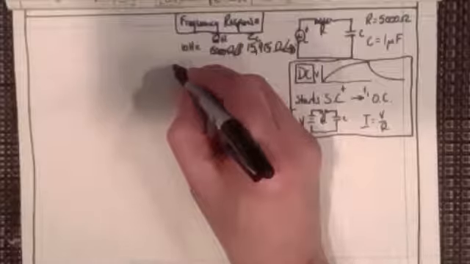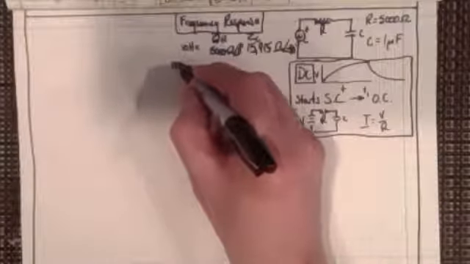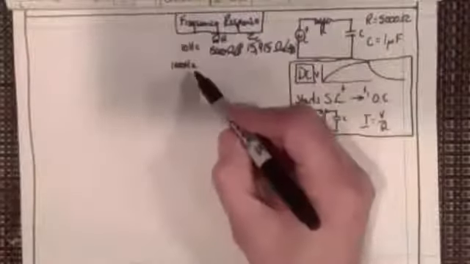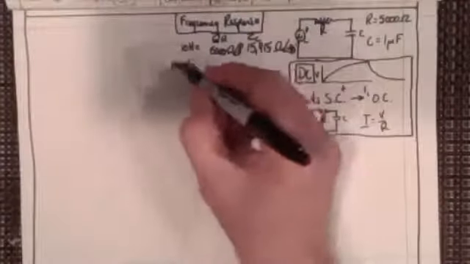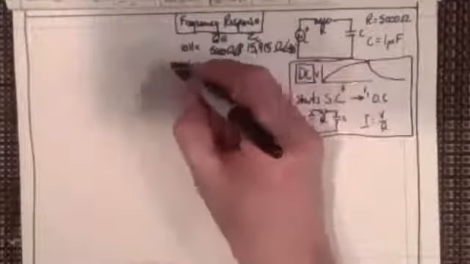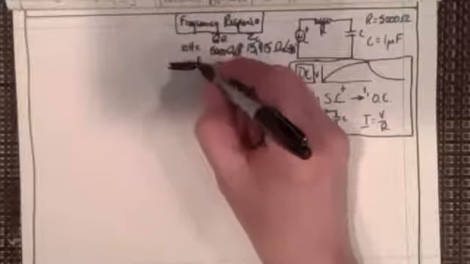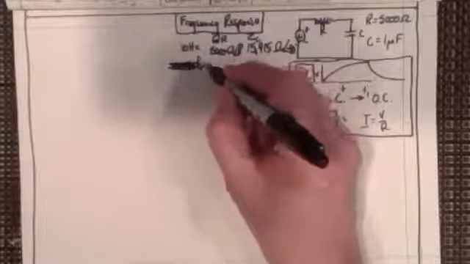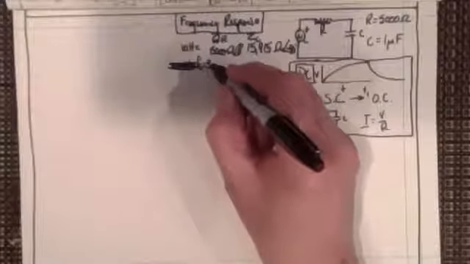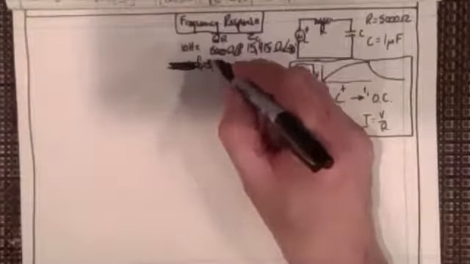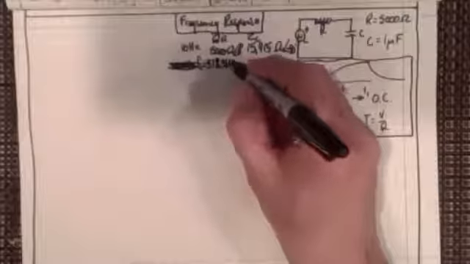If we went up to 1,000 hertz, actually, before we get to 1,000 hertz, let's go to our magic frequency. Our magic frequency was our cutoff frequency, which was 318.3 hertz.